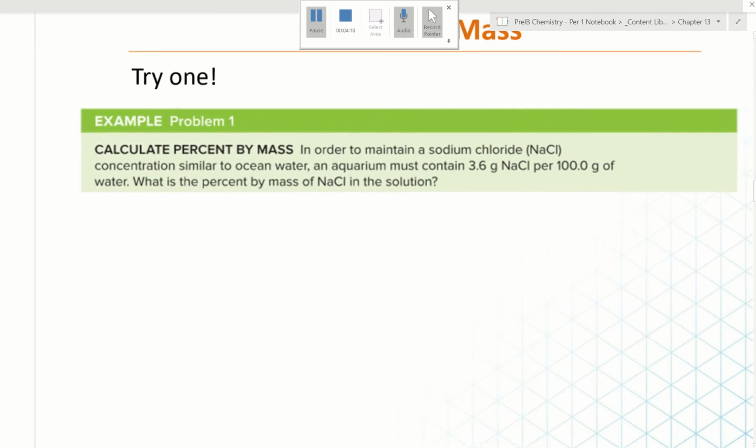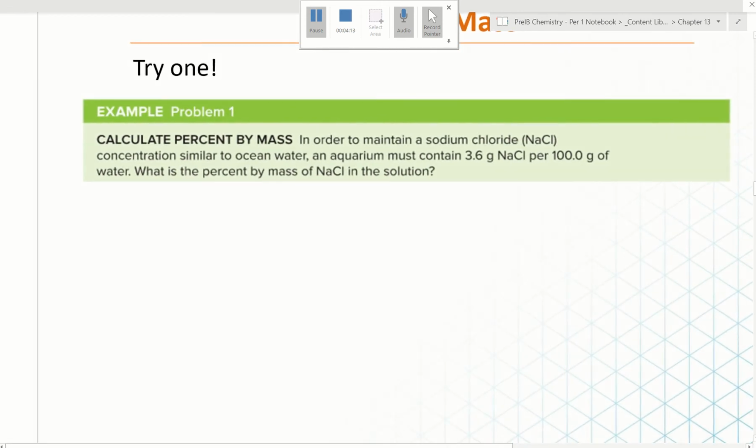So here's one that we can do together. This says in order to maintain a sodium chloride concentration similar to ocean water, an aquarium must contain 3.6 grams of sodium chloride per 100 grams of water. So what's the percent by mass of sodium chloride solution? Well, that would be 3.6 grams over 103.6 grams of solution, because it's the NaCl plus the water, times 100.